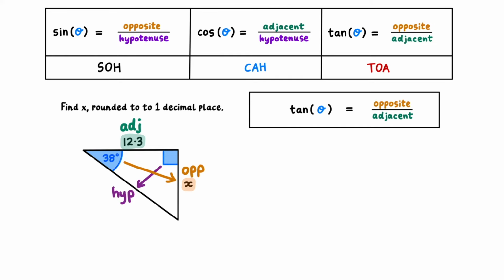So, we've decided that we'll use the statement tan of theta equals the opposite over the adjacent. In our triangle, the angle theta is equal to 38 degrees. The opposite is x, and the adjacent is 12.3.